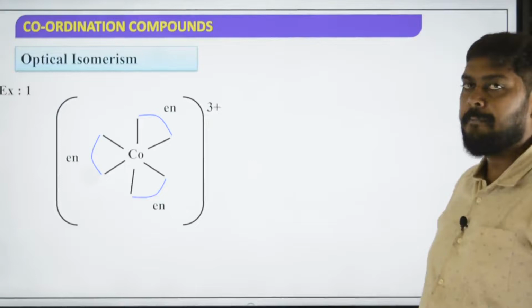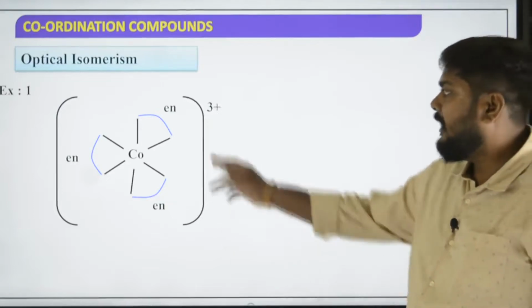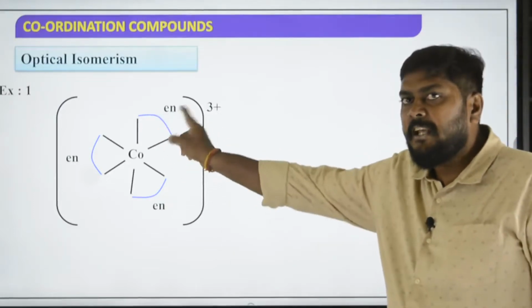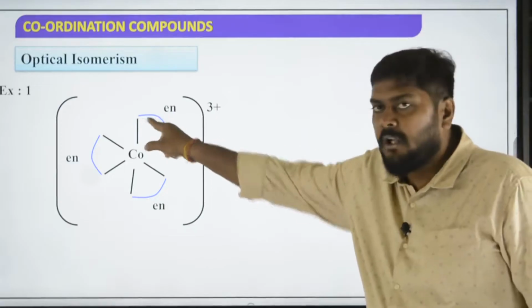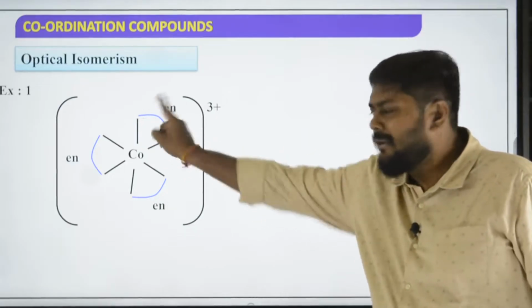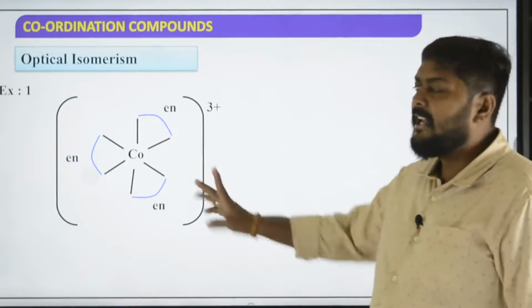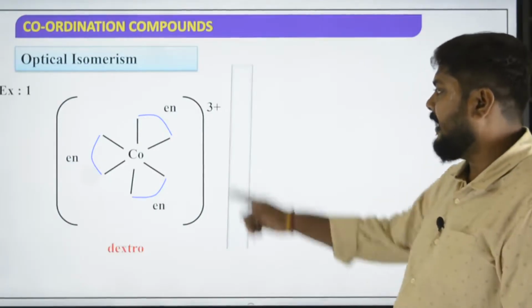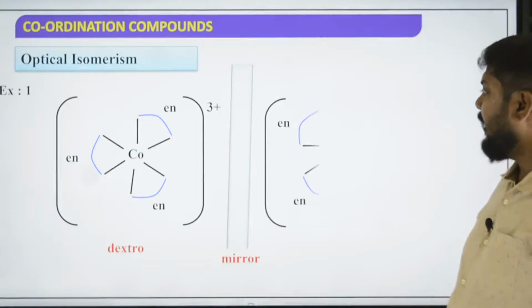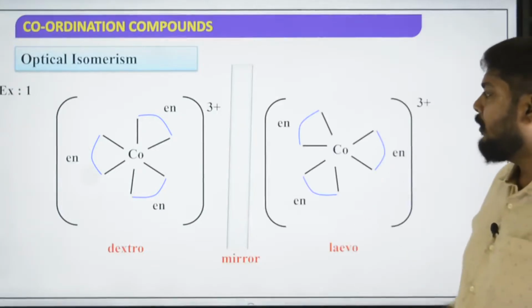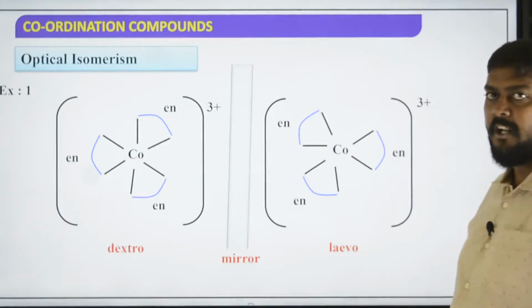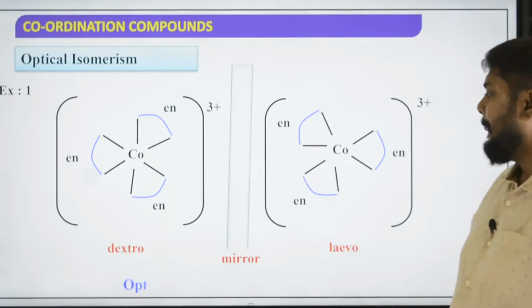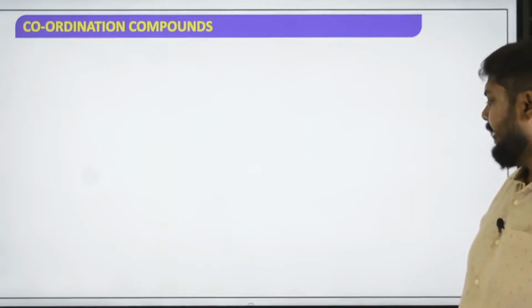Example for optical isomerism is M(AA)3, because en is the same ligand. N is the donor here, and N, nitrogen, is the donor here too. So this is the same type of ligand, M(AA)3. This is the dextro type, and if you take the mirror image, this is levo. These two are non-superimposable mirror images, so this is optically active, right?